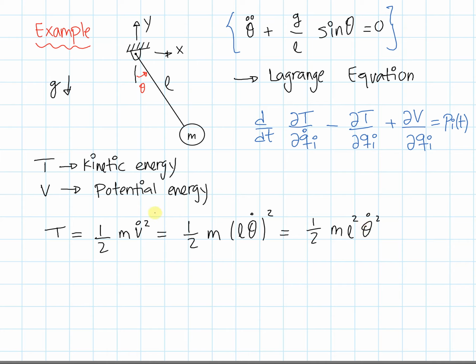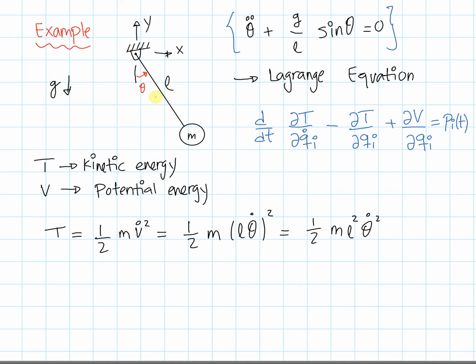Now, my potential energy has to do with the mass having some sort of elevation, and the potential component comes from the gravitational pull of the Earth. So as we elevate this mass, we're increasing its potential energy. Another way of thinking about potential energy is the energy that exists in the static condition. So we can also have springs that are loaded, and the contracting action of a spring can give us potential energy.